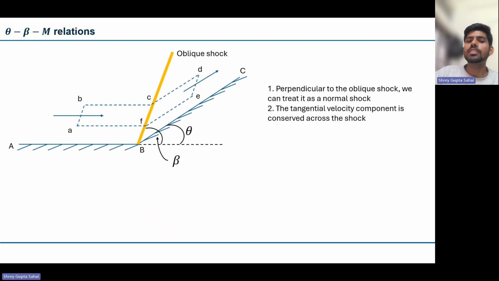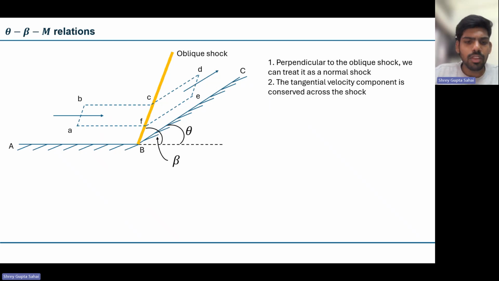And we can get these relations. So the relations that I'm going to write now are only true for a calorically perfect gas. So just remember that. The problems that we get in this course are going to be centered around the theoretically perfect gas case.